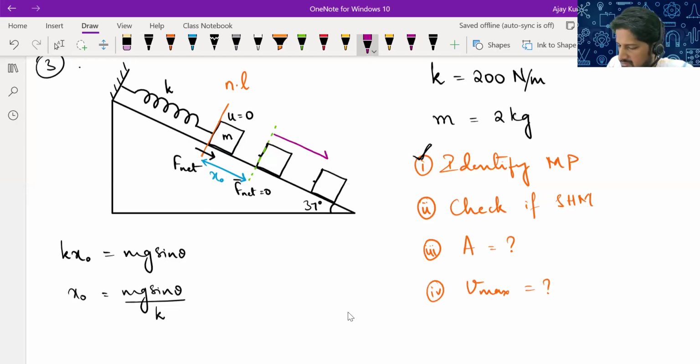You can name the distance whatever you want. I'll call it x itself this time. From mean position, let's say it is displaced by x. Now we need to write an expression for the net force acting on it. So you have to see what forces are acting on it. Now mg cos theta and normal force will always be balanced. The forces which do work in this case are the spring force, which acts in the upward direction this time. Why? Because the spring is stretched. So spring force will be acting this way.